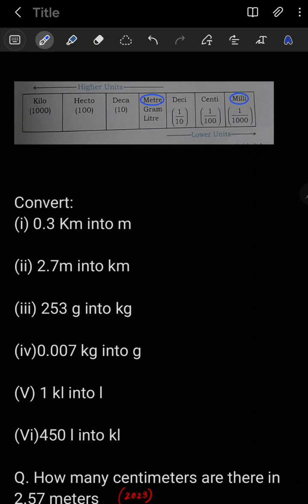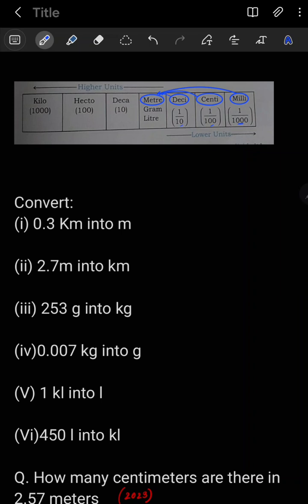If you have to convert a smaller unit to a bigger unit, at that time you have to divide by 1000. If you want to convert millimeter to meter, you have to divide by 1000. And if you want to convert centimeter to meter, you again have to divide, but by 100. Again, if you want to convert decimeter into meter, at that time you have to divide by 10.